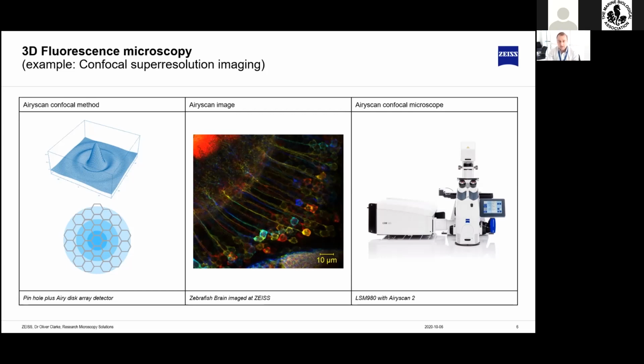In this particular example, we're using a special type of detector. You can see this kind of honeycomb image down here. And what this is doing, this is an array of mini sensors that's imaging the light that's coming out of this imaging system. And normally in a confocal microscope, we'd have a pinhole aperture, and then we'd look at all of the light coming out of the pinhole and measure it.